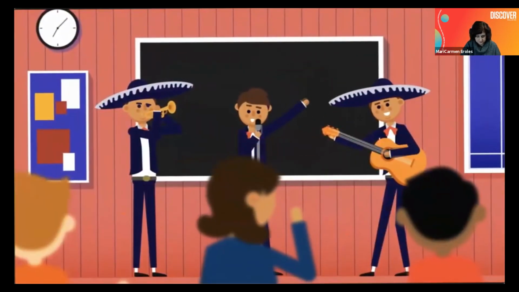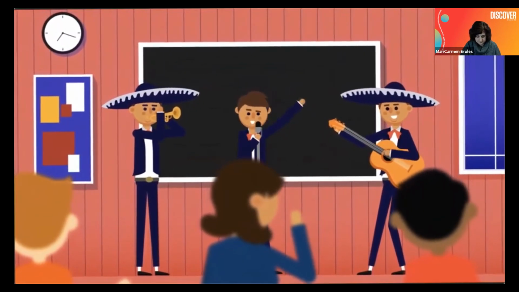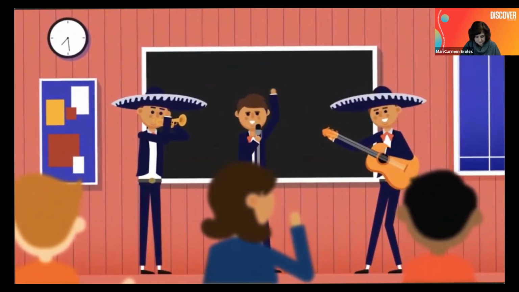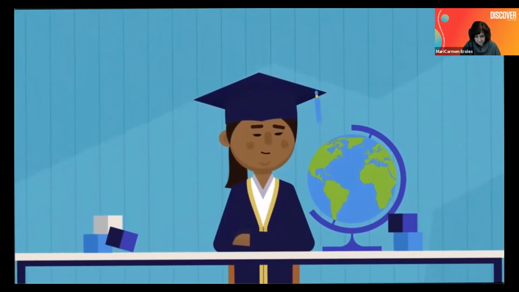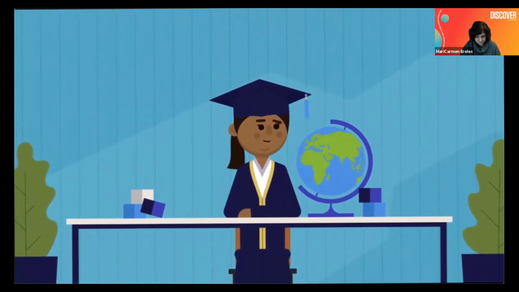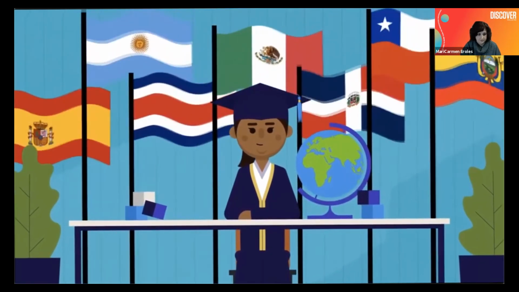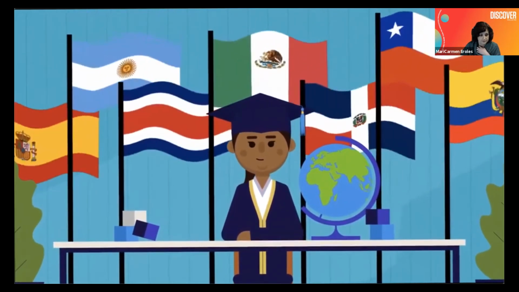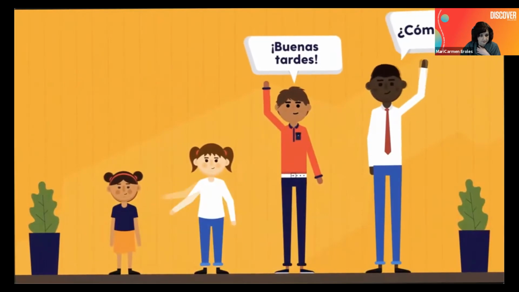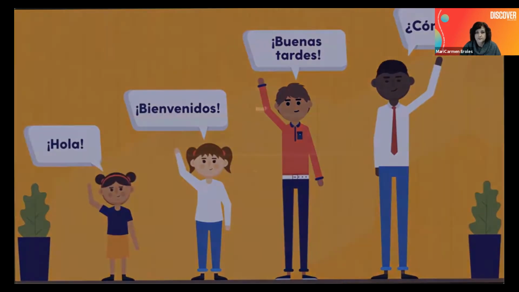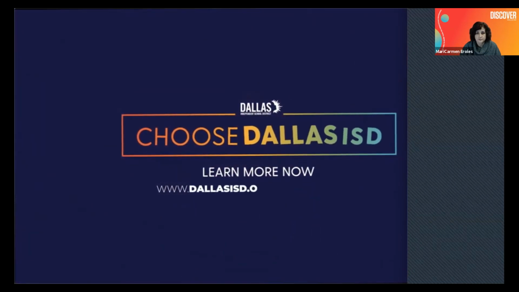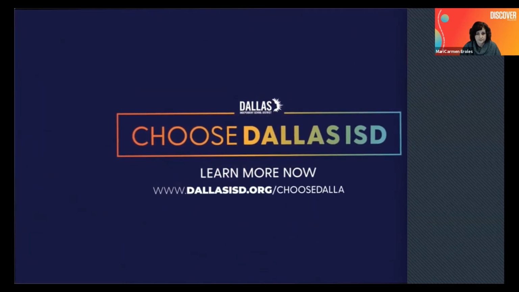Your student will feel proud as he or she engages in a myriad of activities that build upon linguistic repertoire. And those who continue on the pathway toward bilingualism and biliteracy have more opportunities to advance in the global economy. This opportunity is open to all children in pre-K through 12th grade. Apply at dallasisd.org/choose-dallasisd.